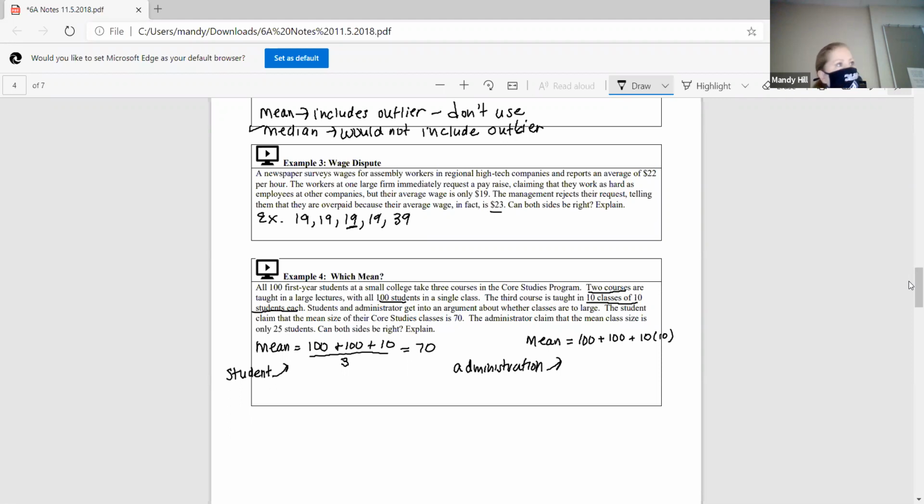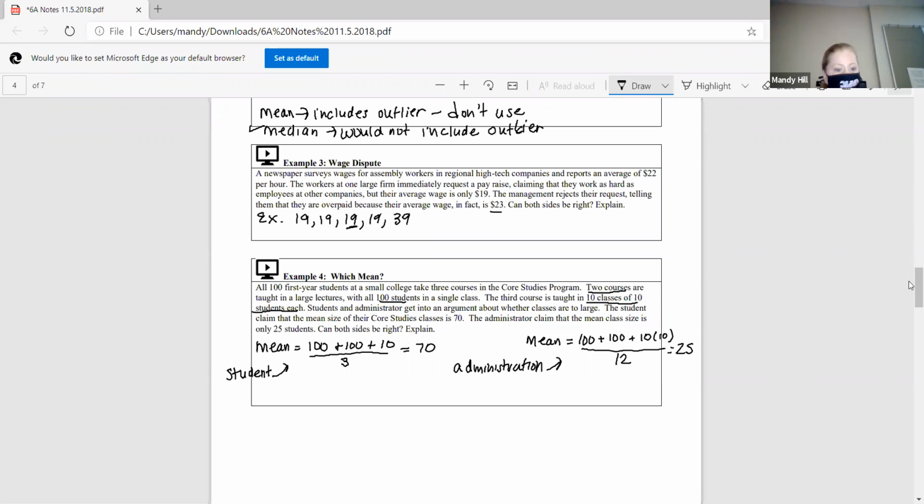I could list 10 plus 10 plus 10, or I could just say 10 times 10. Y'all good with that? Then if we divide that, that's really a total of 12 classes. These 2 plus 10 of these, if we divide that, that's 25. So there's only 25 students per class.